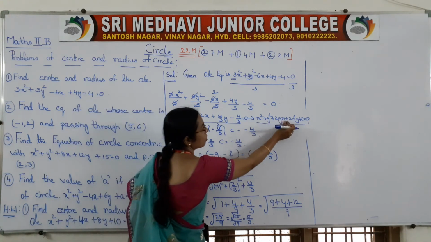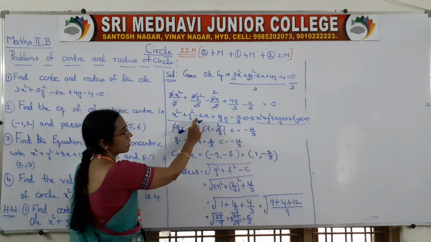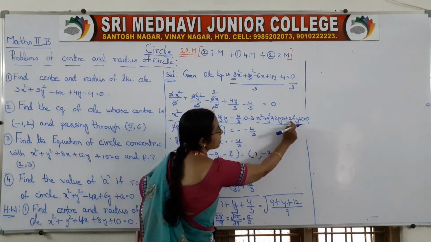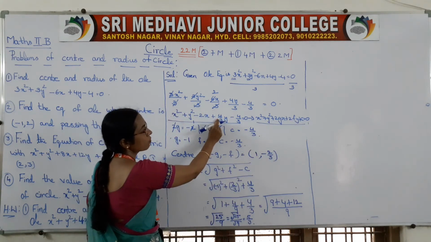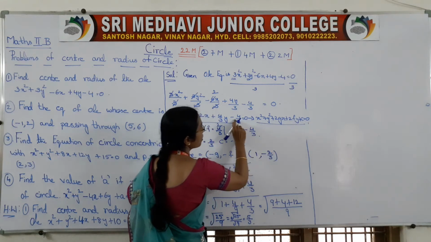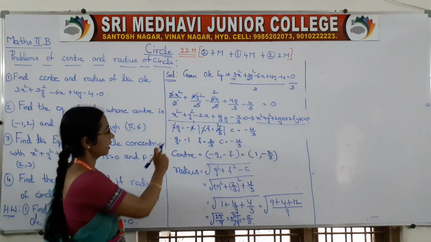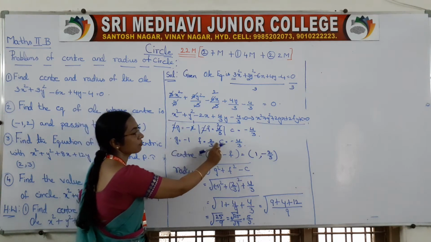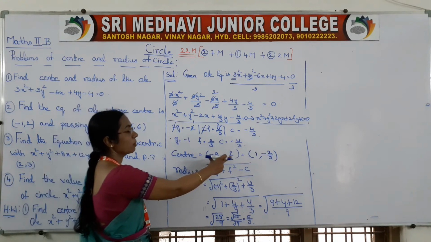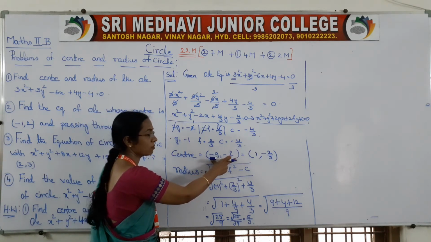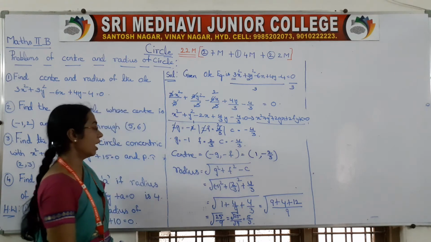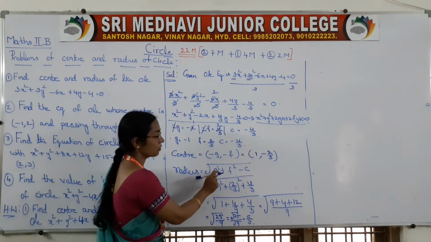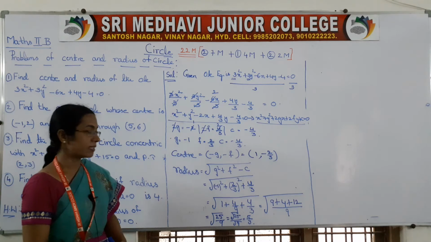Compare. The x coefficient is 2g, x coefficient is minus 2. The y coefficient is 2f and y coefficient is 4 by 3 and c value is minus 4 by 3. With that we will get g, f, c. So center formula for general form is always minus g, minus f. And radius is equal to root of g square plus f square minus c.